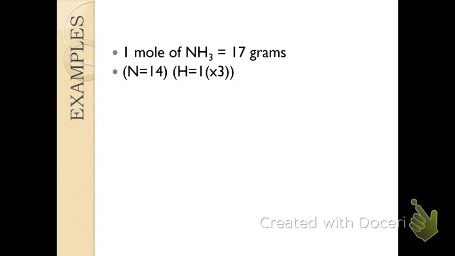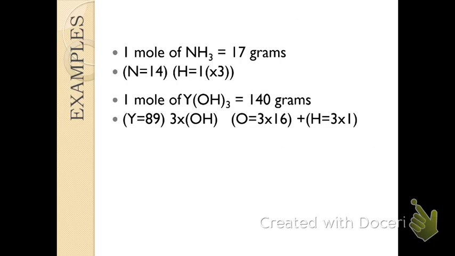Because the molar mass of nitrogen is 14 grams per mole, the molar mass of hydrogen is 1 gram per mole, and there are 3 hydrogens. 1 mole of yttrium hydroxide is 140 grams because yttrium has a molar mass of 89.